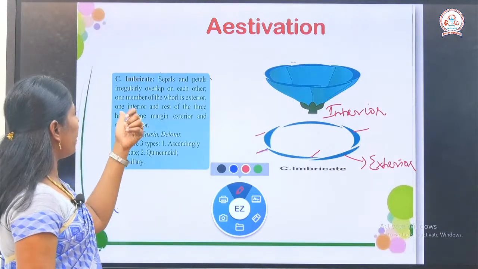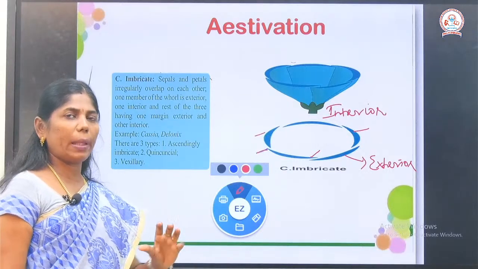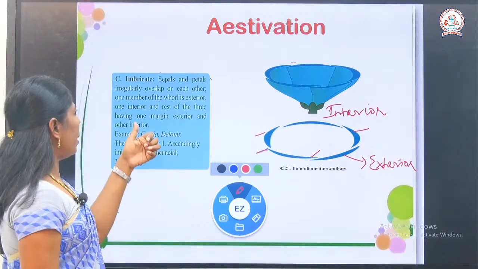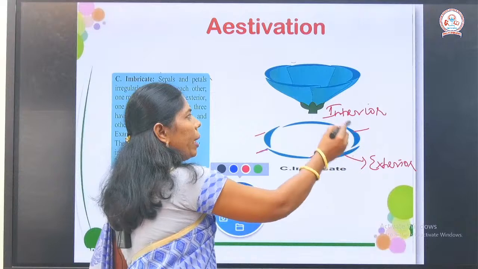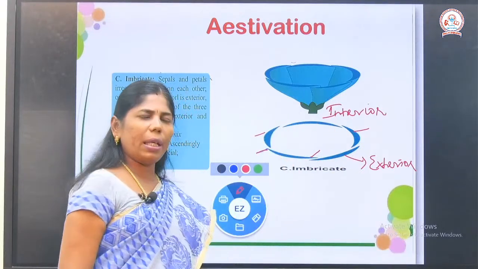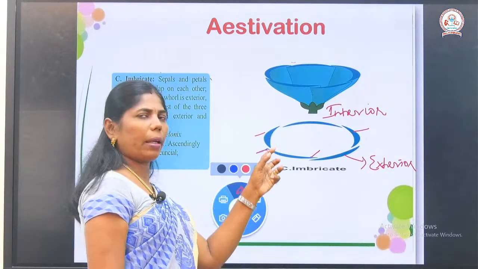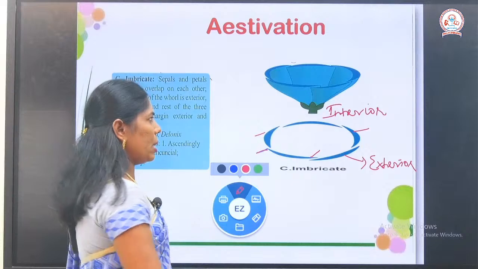The sepals and petals irregularly overlap each other. One overlaps and another is overlapped. One member is exterior, another is interior, and the other three are in exterior and interior conditions. You have to note this down.